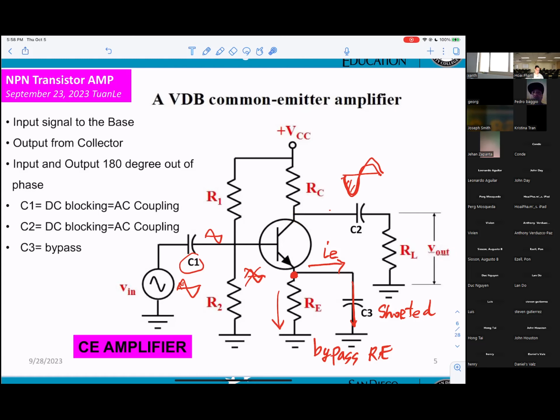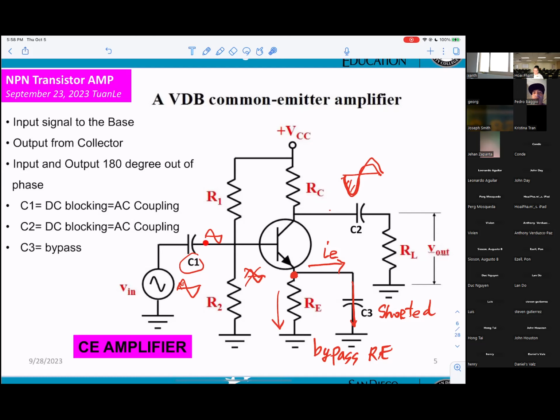That is the first step: recognize the name of the amplifier, CE, CC, or CB. So you can tell what C1, C2, and C3 are.